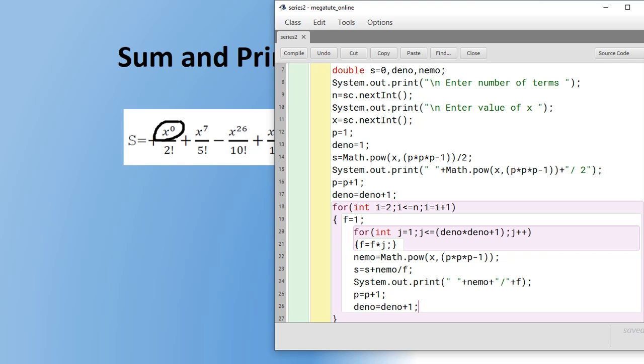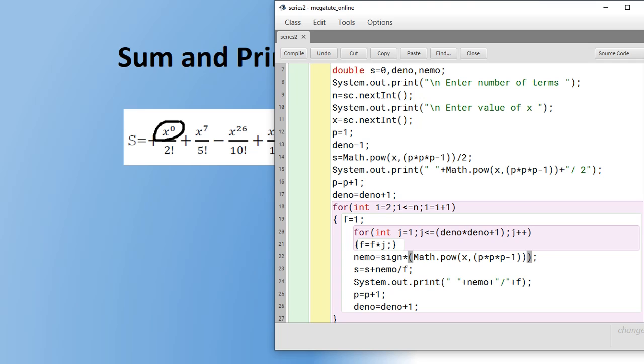Other than that, you have to handle the plus and minus sign also. So while calculating the numerator, because the sign always goes to the numerator, I'll just multiply the sign by this whole thing, and this will calculate the numerator and then it will get solved over here.